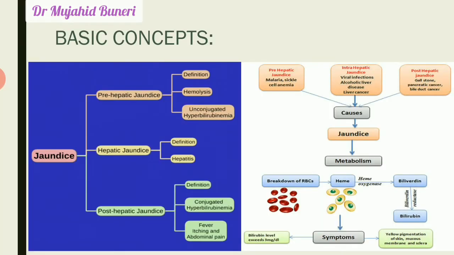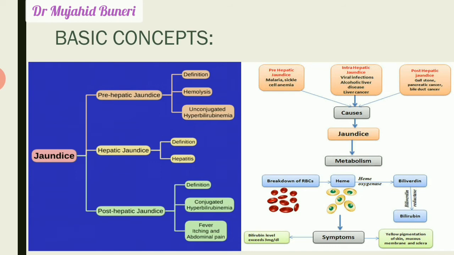Now, if we have to advise one single test to confirm hemolytic anemia as a cause of jaundice, what test do we advise? So, best initial test will be reticulocyte count.